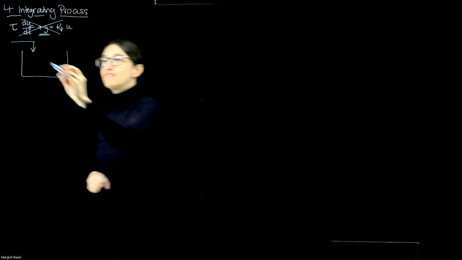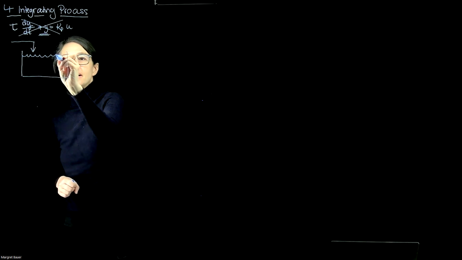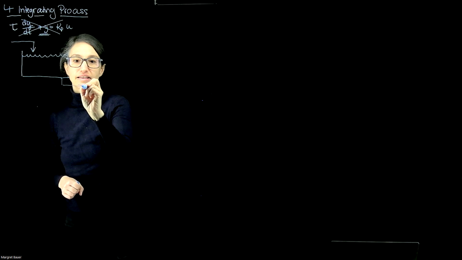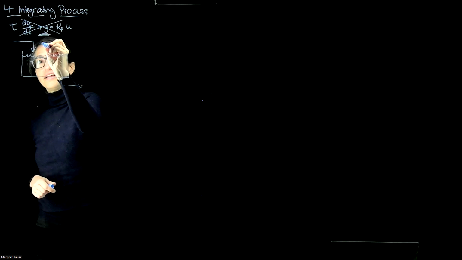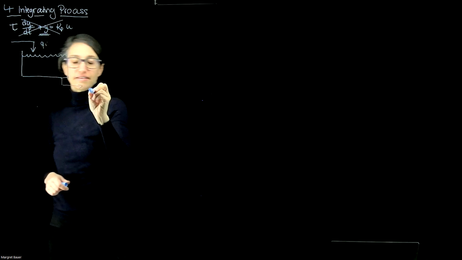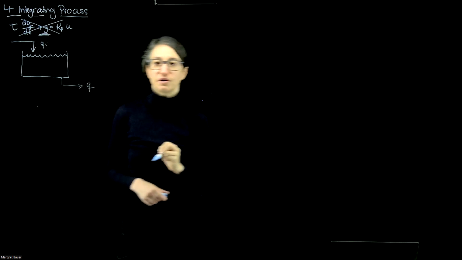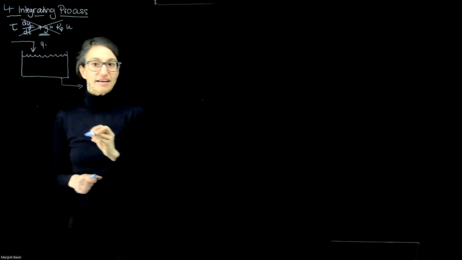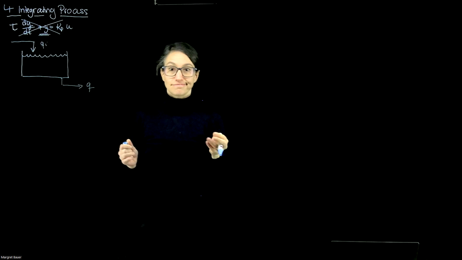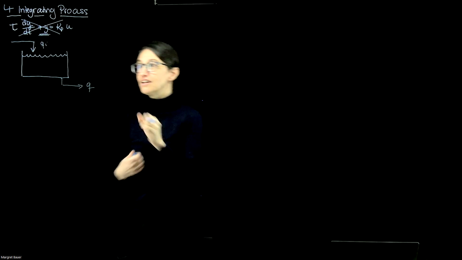Okay, so we have a tank with a liquid inside the tank, and an inflow. We call the inflow rate Qi, and the outflow rate we call Q. It's a nice vertical container.